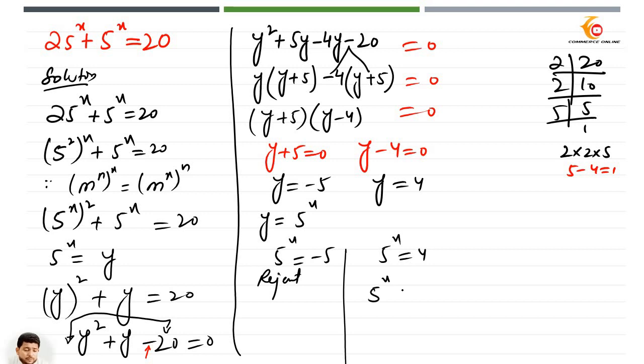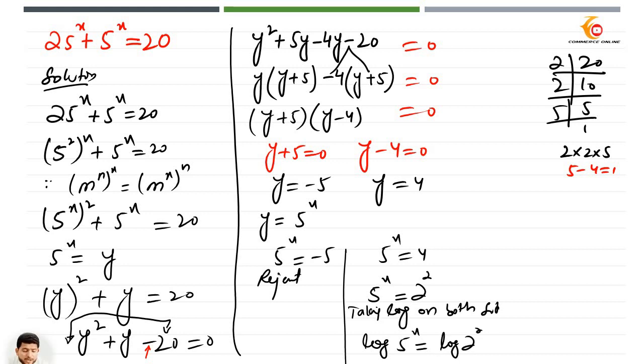So what I will do is 5 to the power x equals 2 to the power 2, and taking log on both sides, now we have log of 5 to the power x equals log of 2 to the power 2. Let's move further.